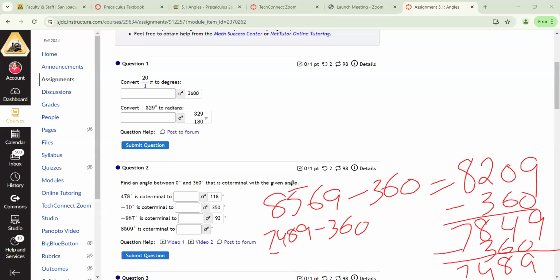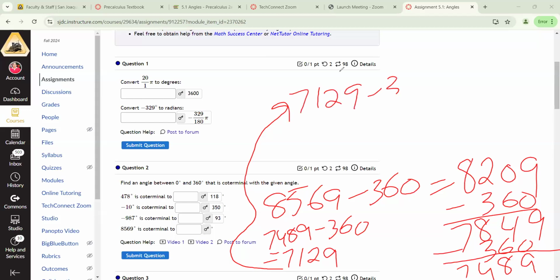And when I do that, I have 7,129. I'm going to write it here now. I don't have space there. So 7,129, take away 360 one more time. That is 6,769. And you subtract again 360.